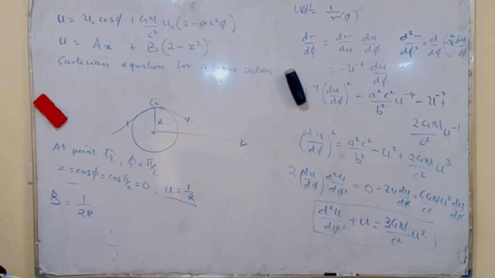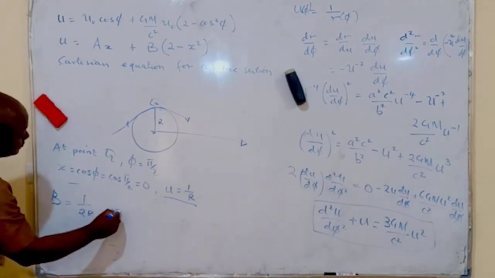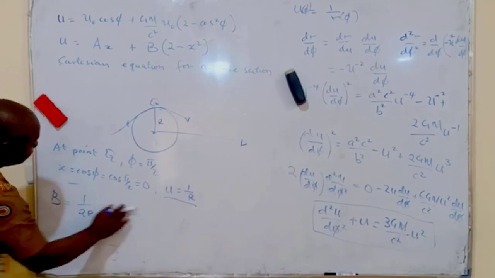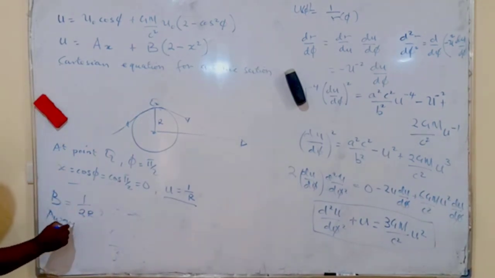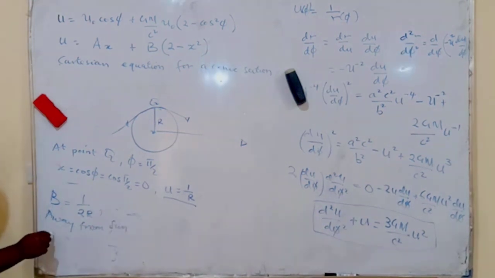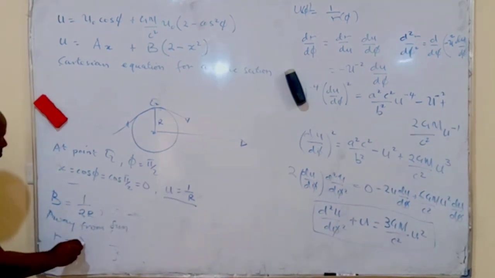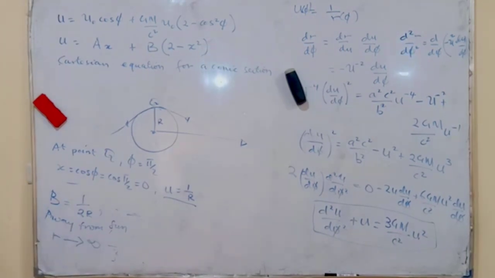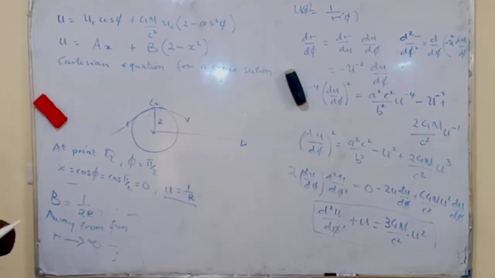As the photon is moving away from the sun, r will turn to what? It's moving away from the sun, so r will increase to infinity.